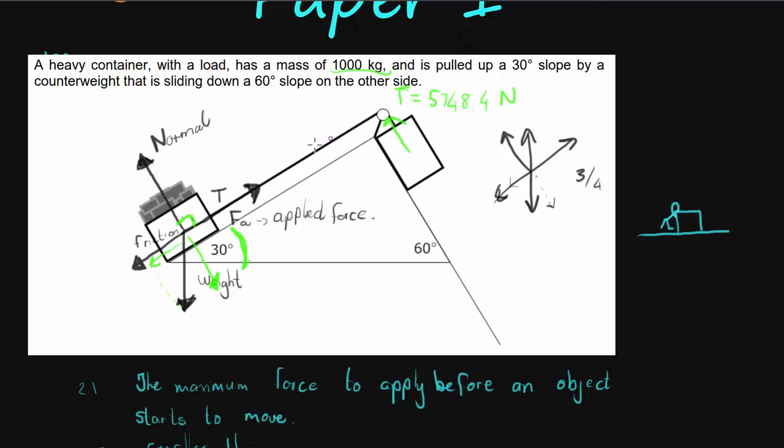In other words, that's what's going to pull us in this direction. So the tension upwards and tension downwards is the same. In this case, we still have a downwards force, and we have our normal force perpendicular to the surface, and we've got another frictional force, this time up the slope. And the reason why up the slope is because this thing is now going to go down the slope.